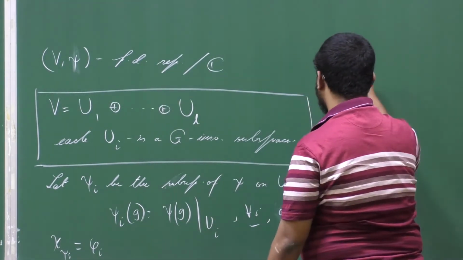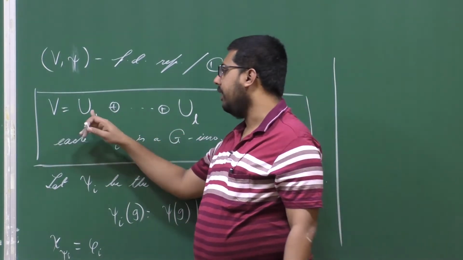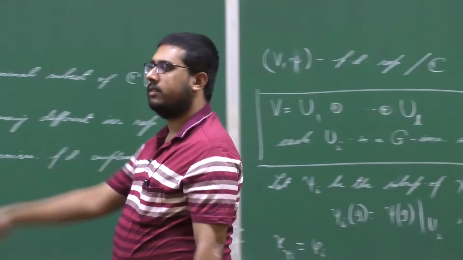We have already seen that V is the direct sum of these G invariant subspaces.